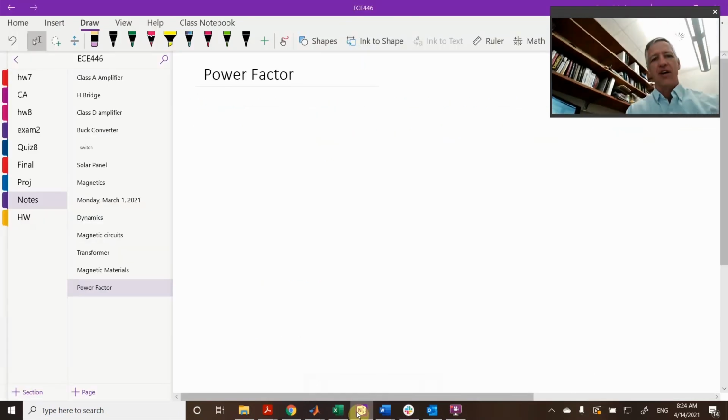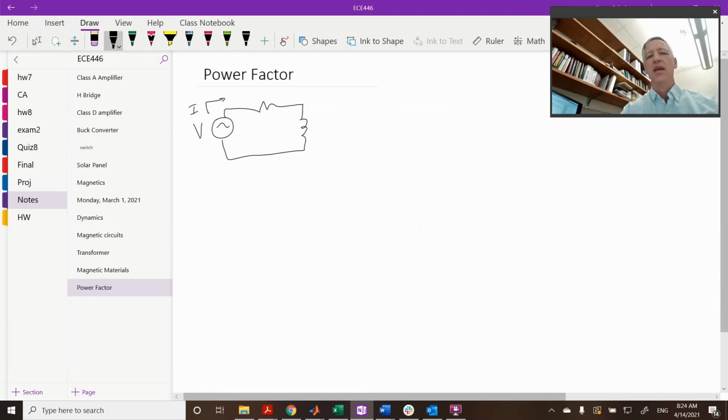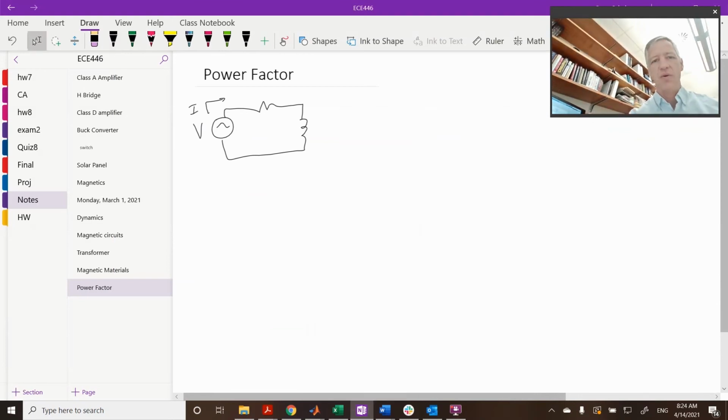So let's look at a basic circuit. A basic circuit has some voltage and it has some impedance. Okay, and then we also have some current right here. So what we're going to do is look at our basic equations.